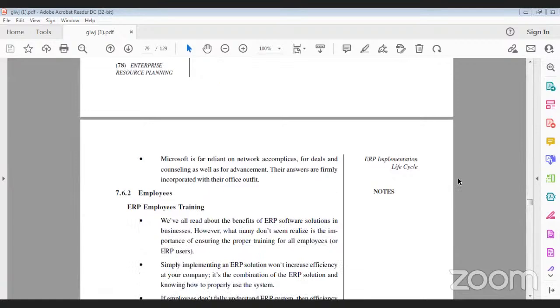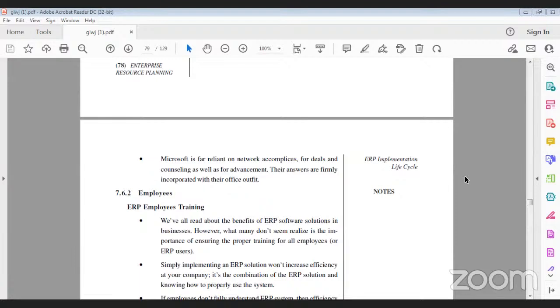We have all read about the benefits of ERP software solutions in business. However, what we don't seem to realize is the importance of ensuring proper training for all employees who are ERP users. The second point is that simply implementing an ERP solution won't increase the efficiency of your company.